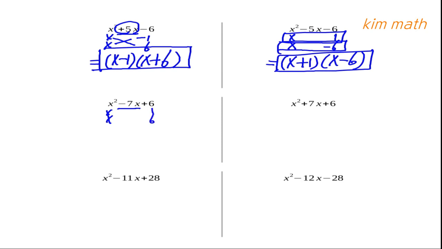The product is positive 6, which means 1 and 6 are both positive or both negative. And the sum of cross multiplication is negative 7x. So -1, -6 is reasonable. Good. So first row, x minus 1. Second row, x minus 6. This is the factoring.